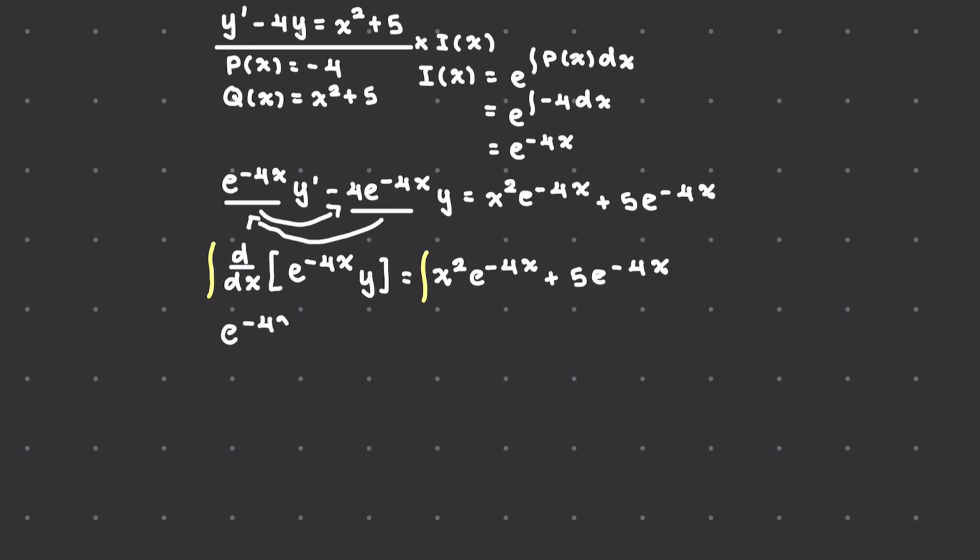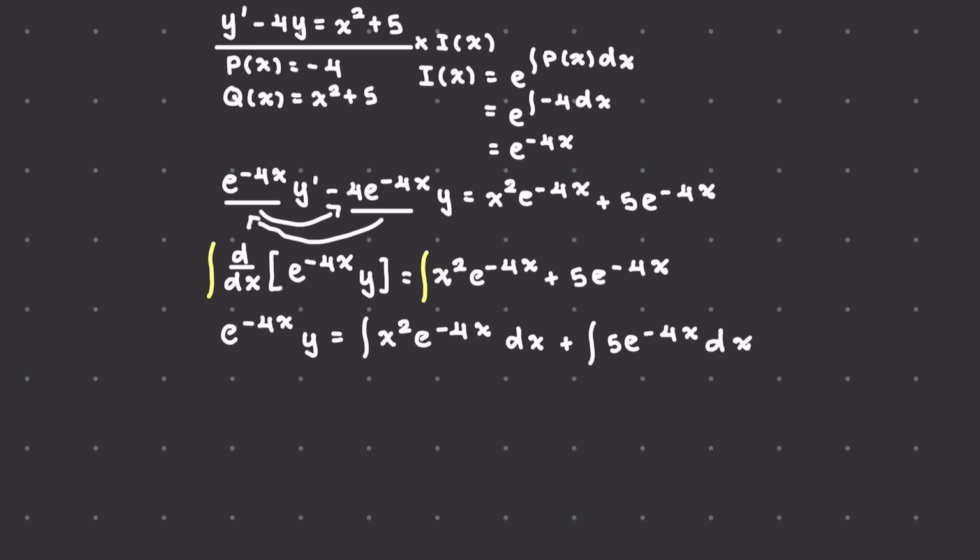And this just leaves us with e to the power of negative 4x times y equals the integration of x squared times e to the negative 4x dx plus the integration of 5e to the negative 4x dx.